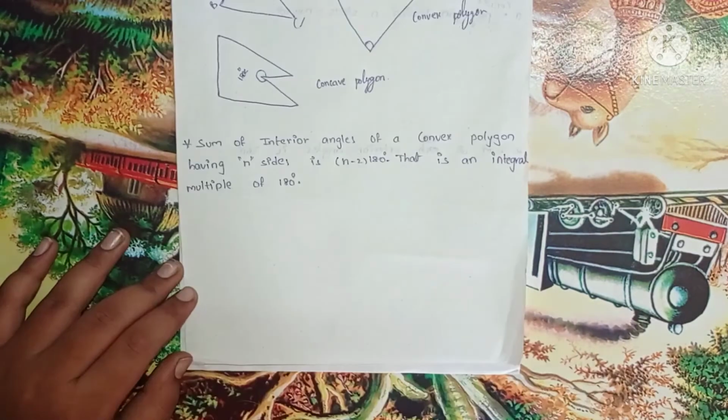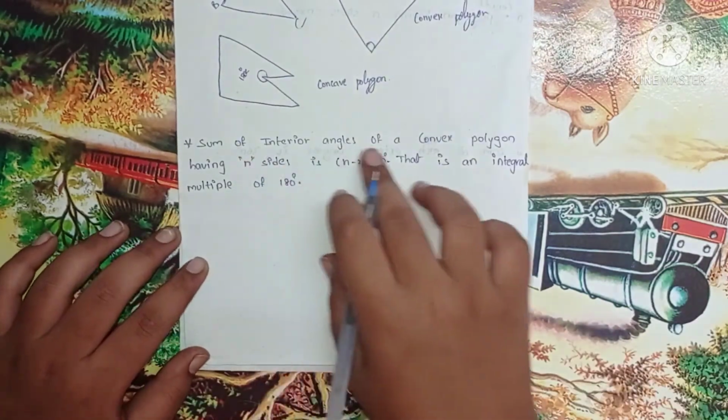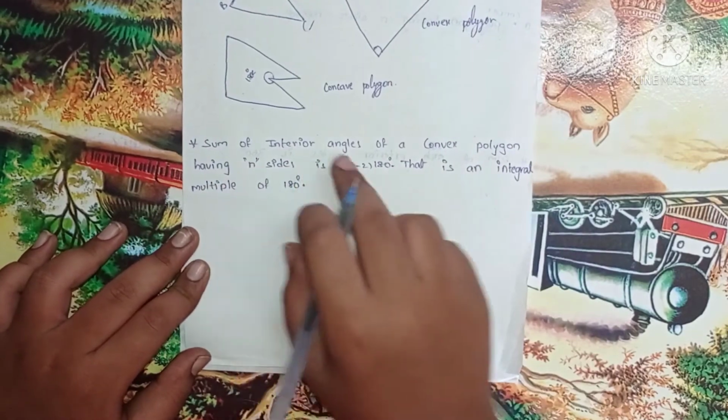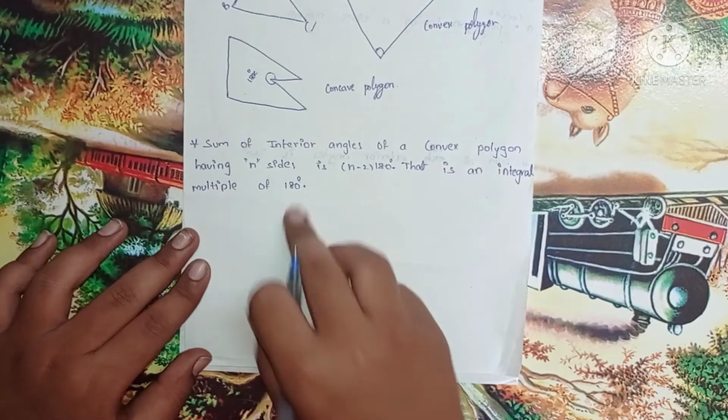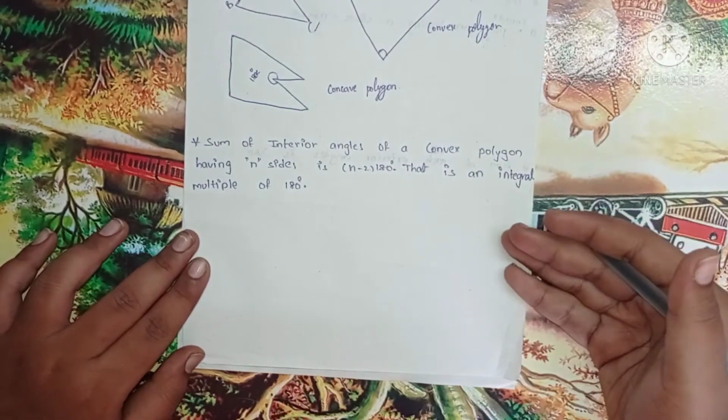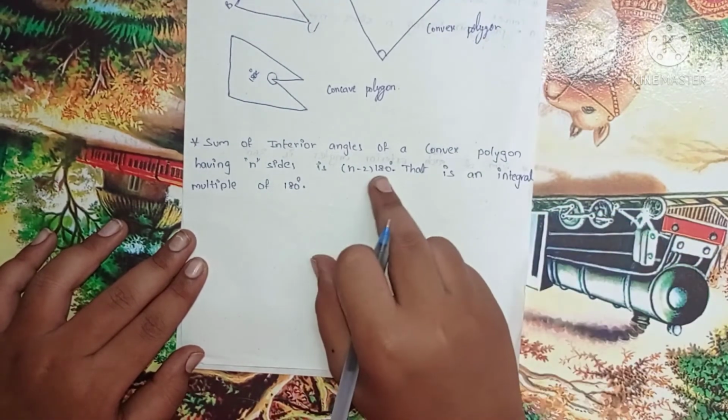Next, the sum of interior angles of a convex polygon having n sides is (n minus 2) into 180 degrees, that is, an integral multiple of 180 degrees. We will derive how the sum of the interior angles in a convex polygon is (n minus 2) into 180 degrees.